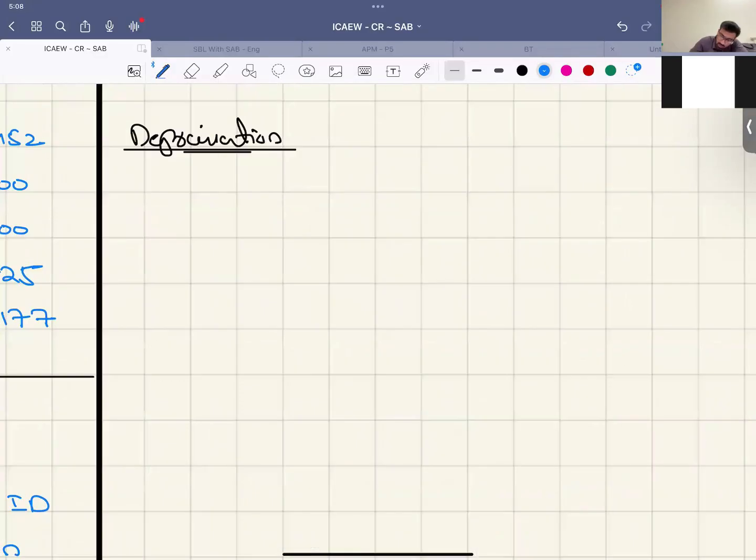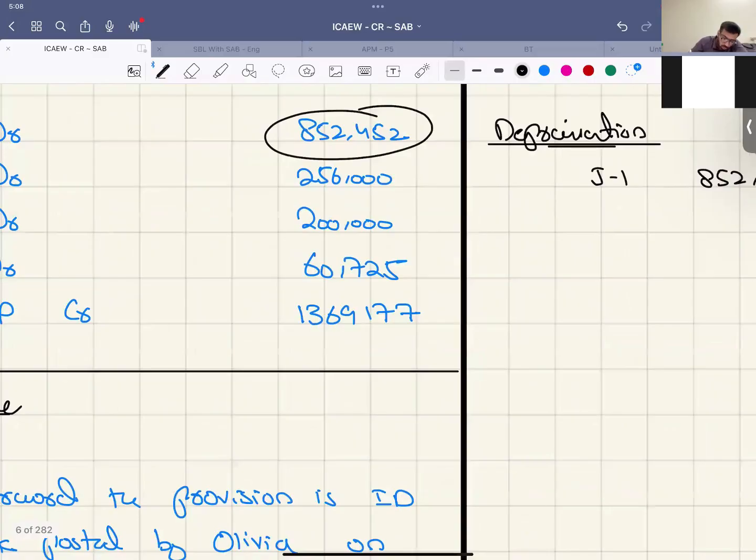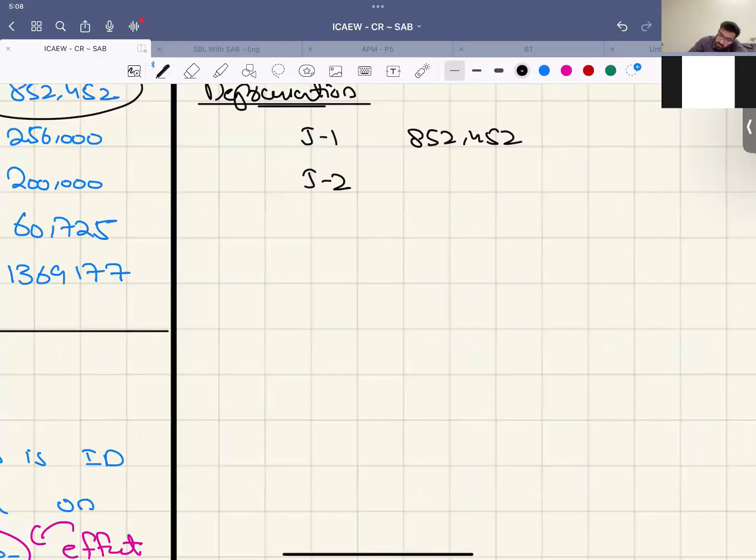Journal 1 was 852,452. Where did this come from? This here. And then J2 was 721,710, that's capitalization. So it came to 1,574,162.